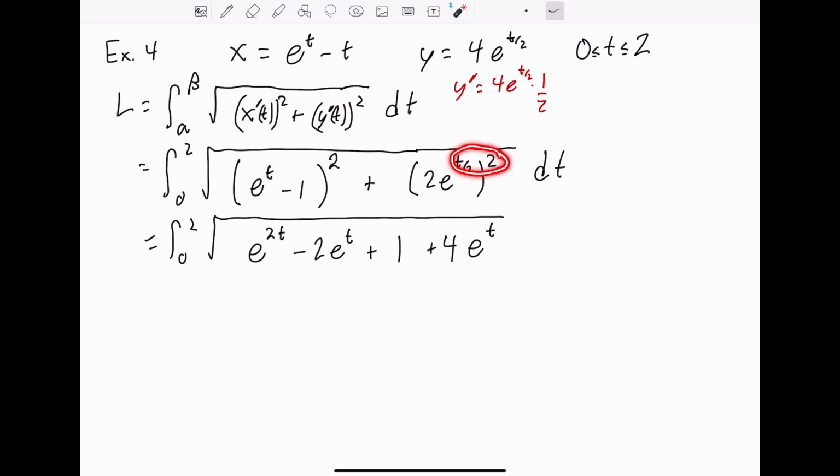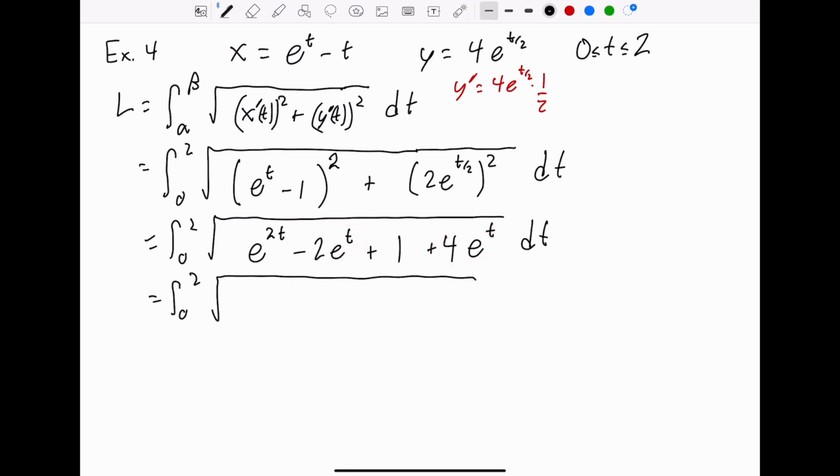T over 2 times 2 is just t. And we're integrating again with respect to t. So we have the integral from 0 to 2, and we want to simplify inside this square root. Well, we have a minus 2e to the t plus 4e to the t. That simplifies. And I'm going to write that like this. We have e to the 2t plus 2e to the t plus 1 dt.